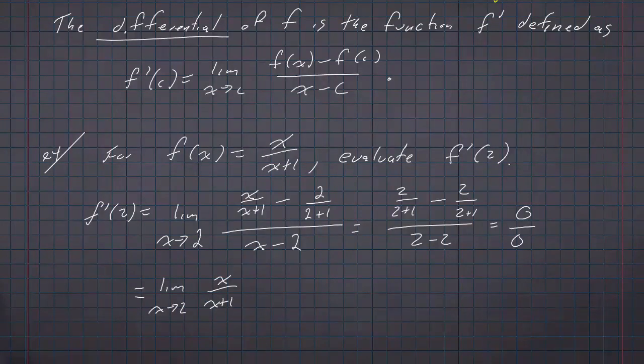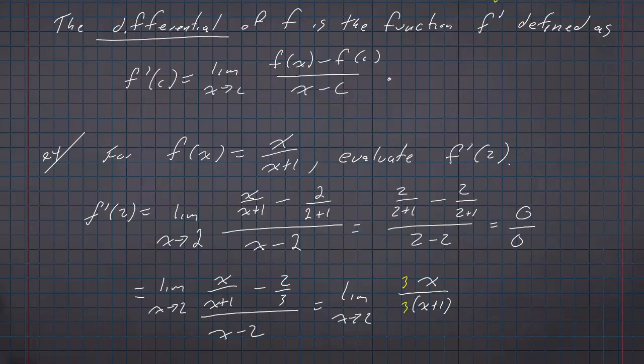Let's notice that 2 over 2 plus 1 is the same thing as 2/3. And in those fractions in the numerator, we can find a common denominator by multiplying the first fraction top and bottom by 3, and multiplying the second fraction top and bottom by x plus 1.